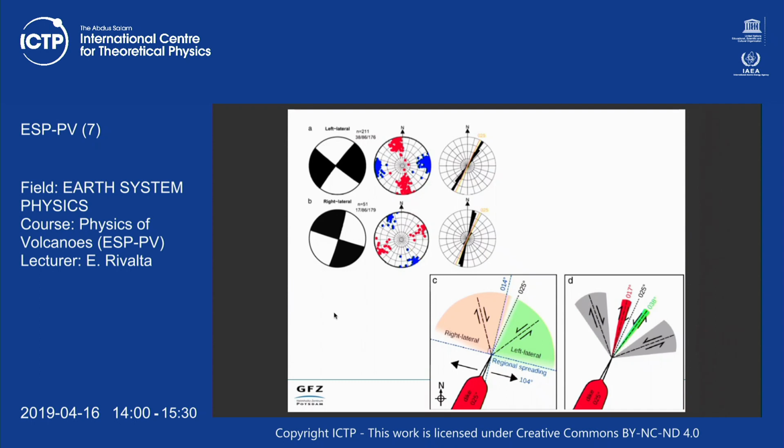And this can change the orientation of the fault with respect to the stress if you have a very low effective friction. So they give this explanation. I don't think it's necessarily the only explanation. There may be other explanations.